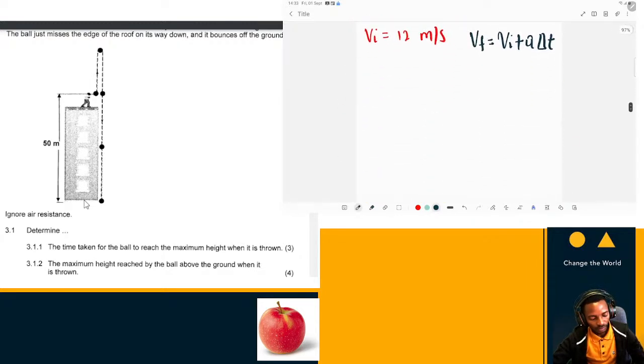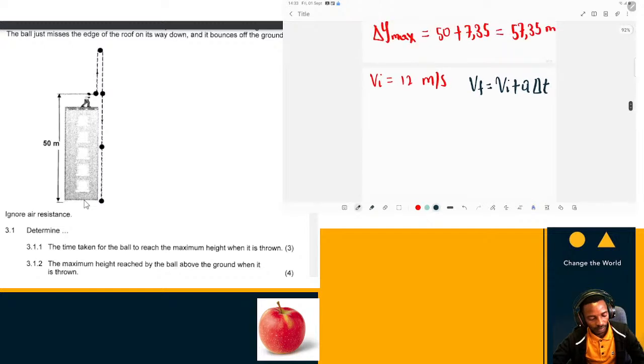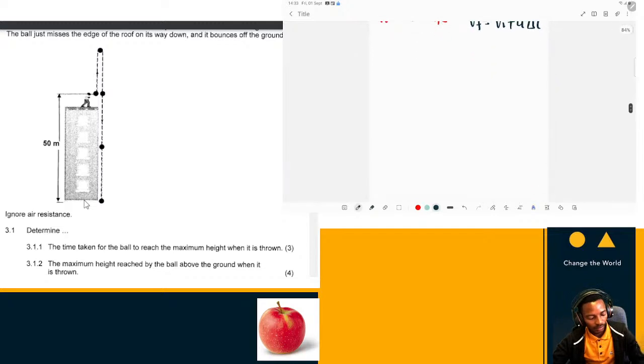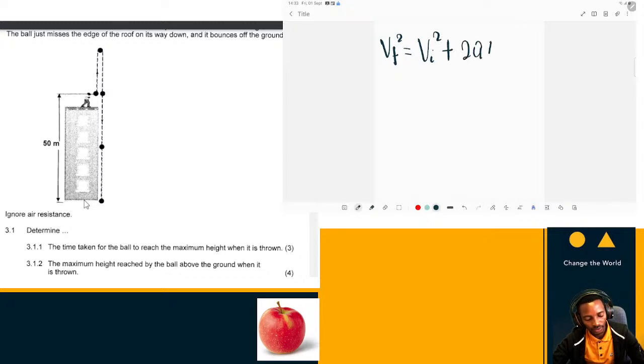So V final squared is equal to V initial squared plus 2A delta y. So our V final is 0 at maximum height. Our initial velocity is 12.